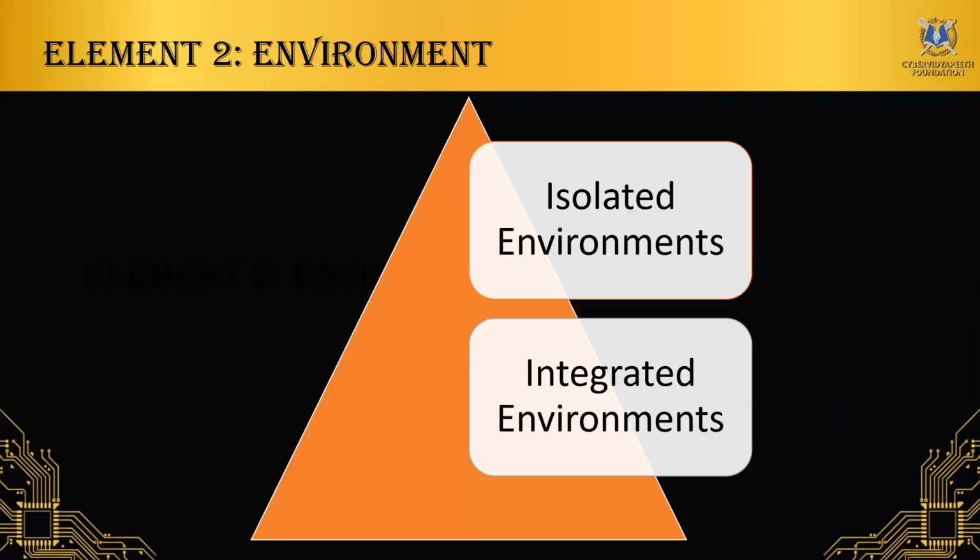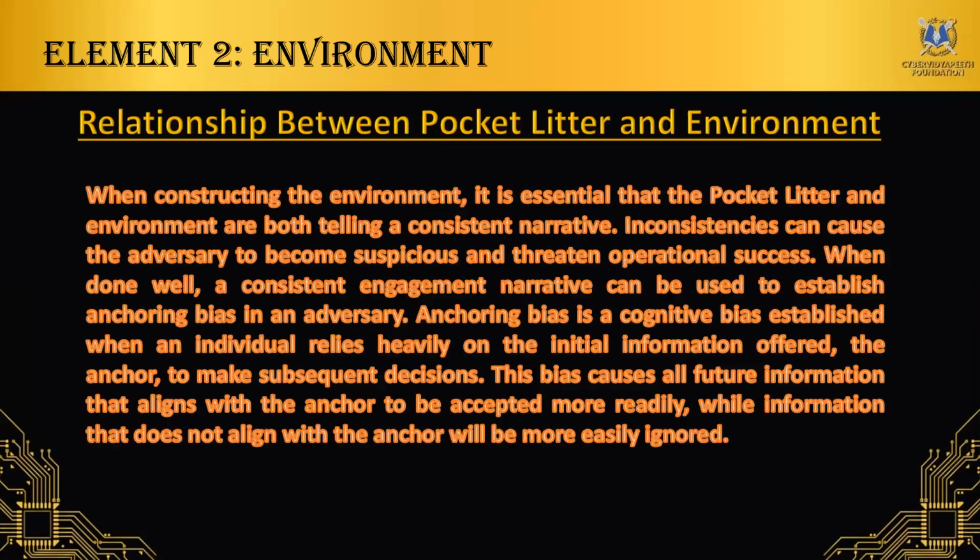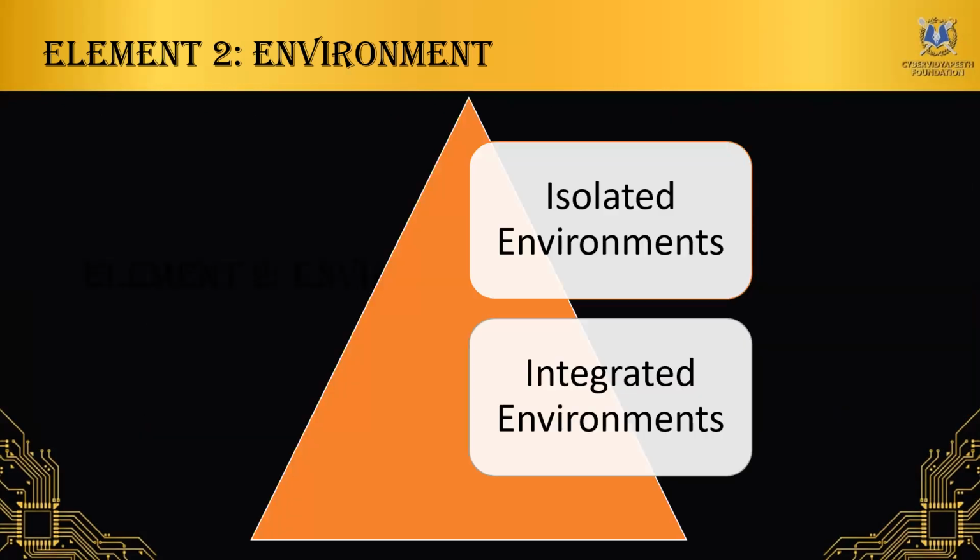So when you are creating the environment, you can create two types of environment: isolated environment or integrated environment. Isolated environment is that, suppose you have one particular machine which has been compromised, which is sending the beacons. Now in that room, you have 5 more machines connected to a switch.